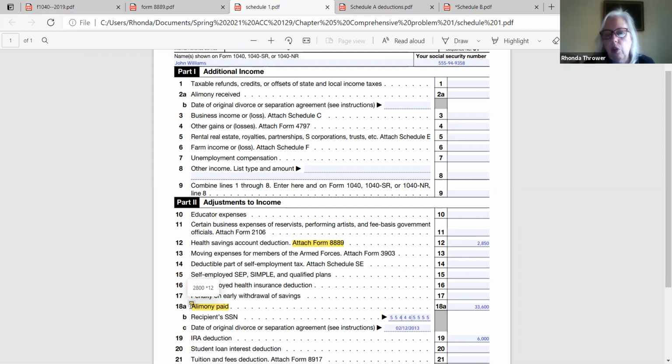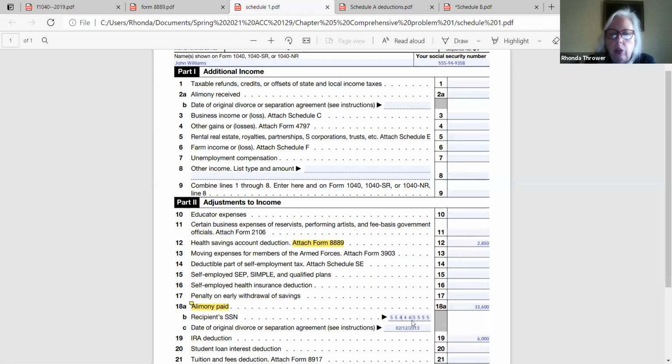So this person was also paying child support, but it's not deducted. Only alimony is. And the way that you figure that is you take the $2,800 and multiply it by 12 months in the year, and that will give you the $33,600 that's entered on line 18A.